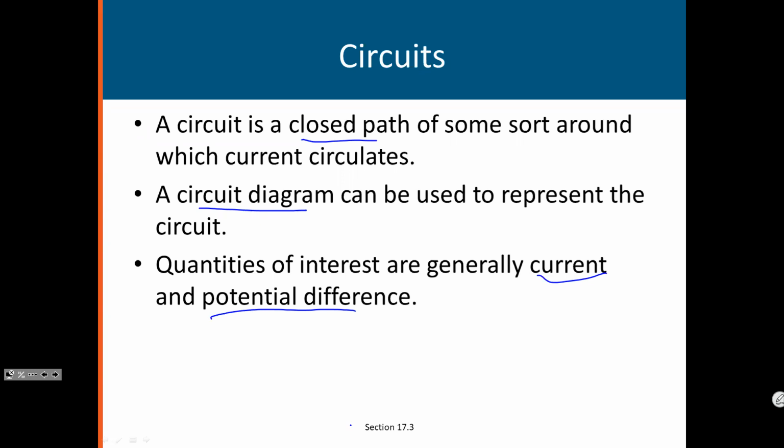So in a circuit, the quantities we are interested in are these two, current and voltage. Voltage is the potential difference, right? In electrical engineering, they commonly use the word voltage, although potential difference is also used. Voltage means potential difference.